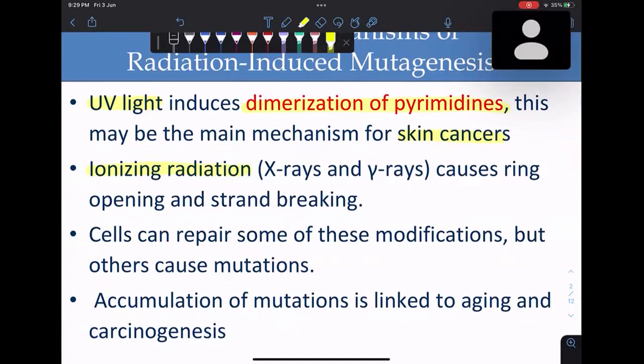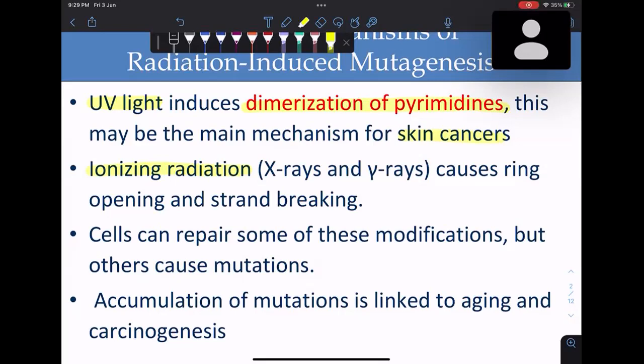You need to have a valid reason. One of the reasons is that X-rays contain ionizing radiation that causes literally opening and breaking of the strands of the DNA. All these things can happen, and these are just the tip of the iceberg. There are so many other insults that can damage the DNA molecule.